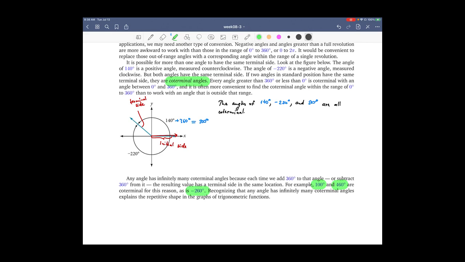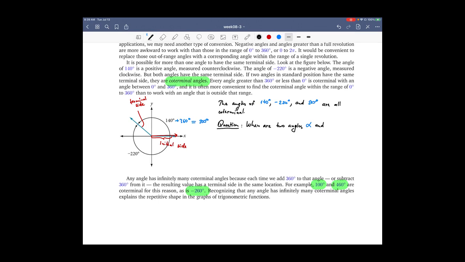An interesting question arises. When are two angles given by their degree measurement coterminal? When are two angles, let's call them alpha and beta, coterminal?